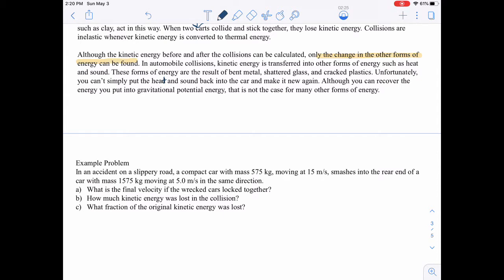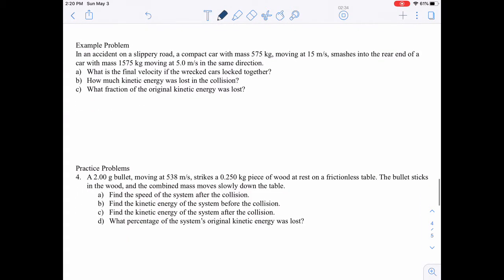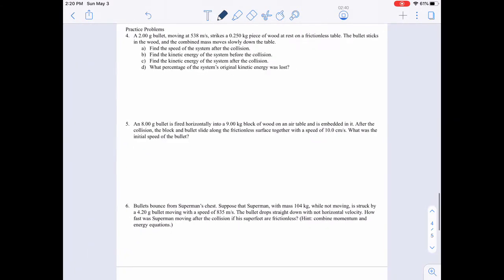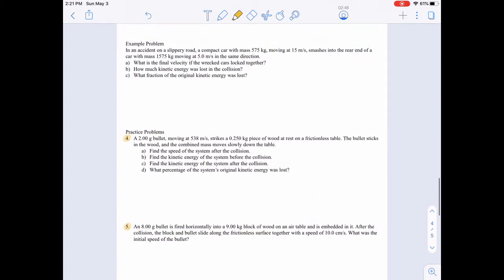Although you can recover the energy you put into gravitational potential energy, that is not the case for many other forms of energy. We have one example problem that I will work through for you, and then three problems for you to do on your own that are similar to this example problem.